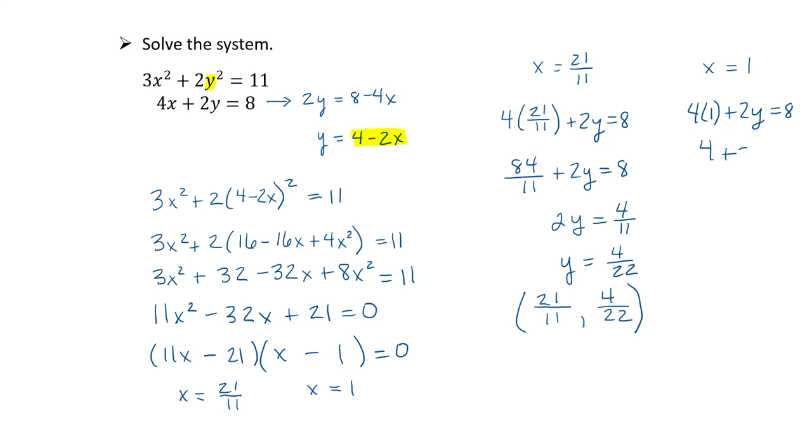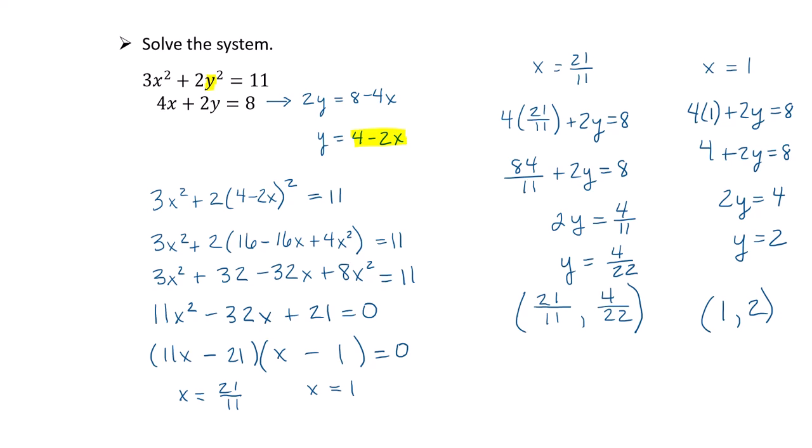This is 4 plus 2y equals 8. So 2y equals 4 and y equals 2, giving me a solution of x being 1 and y being 2.